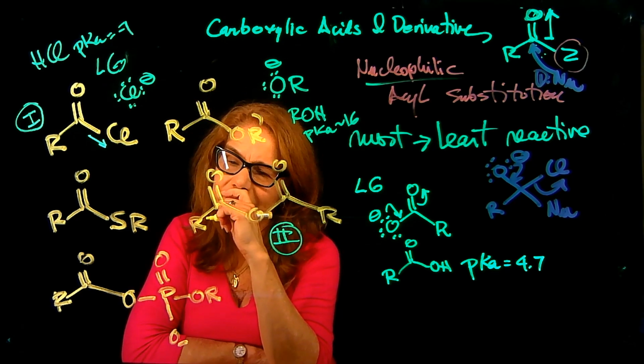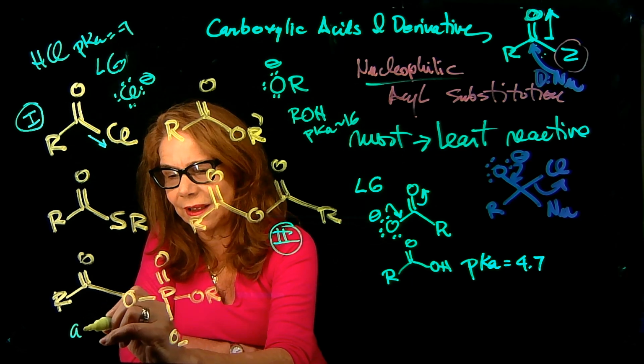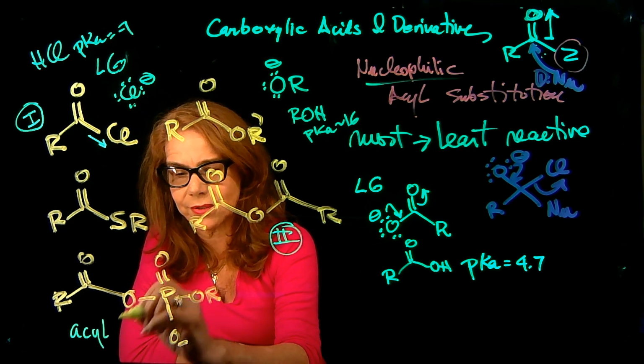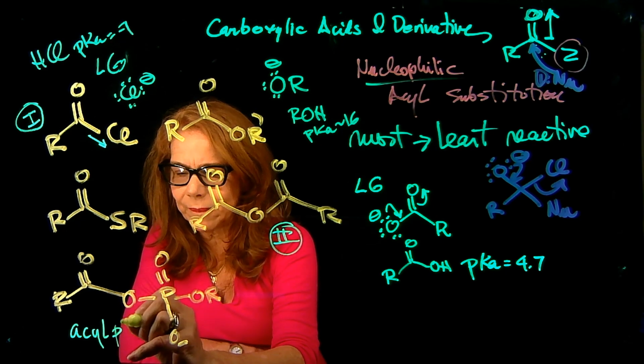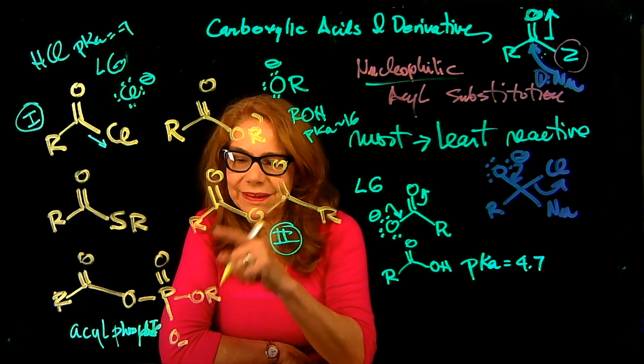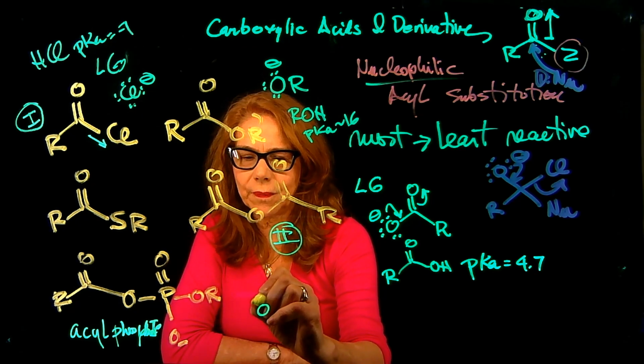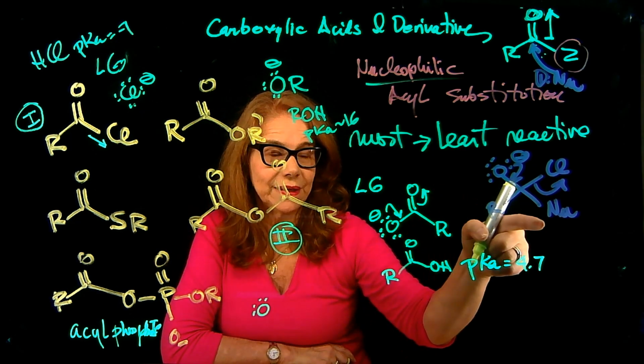Now I have included here an acyl phosphate, a monophosphate. That's supposed to be an H. In other parts, that will be O negative here. Again, we're thinking in that mechanism.